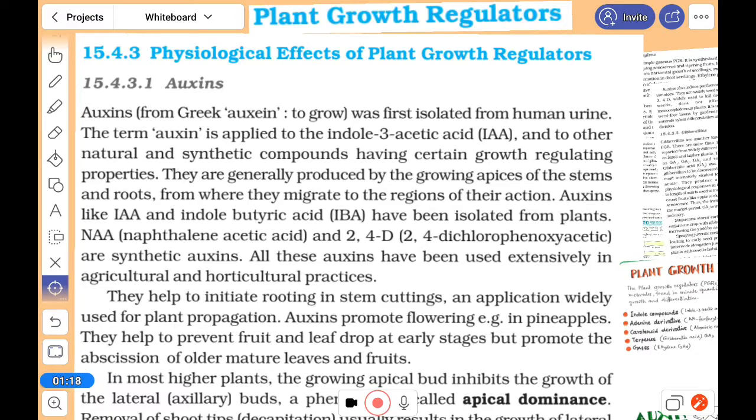Here first we have auxin. Auxin is from the Greek meaning to grow. Basically it is involved in growth, and chemically it is indole acetic acid.